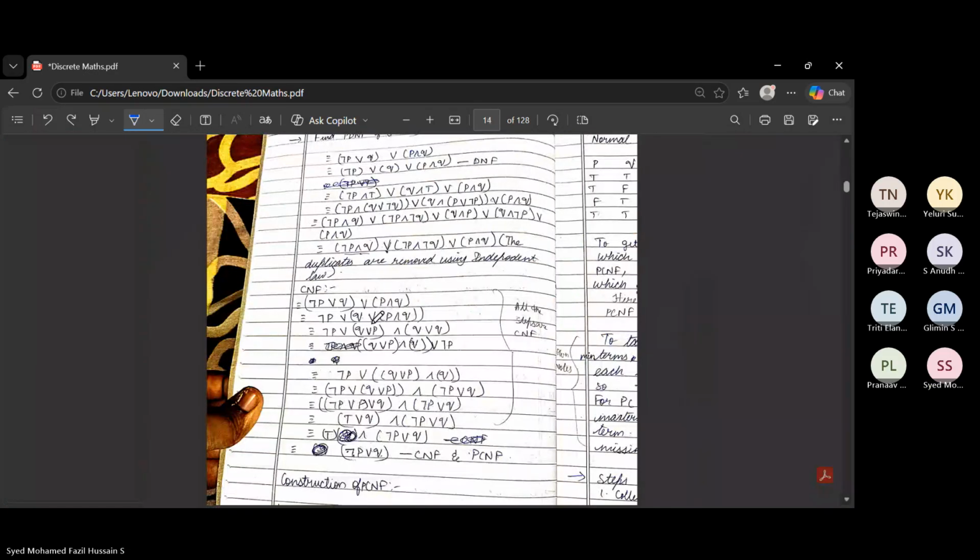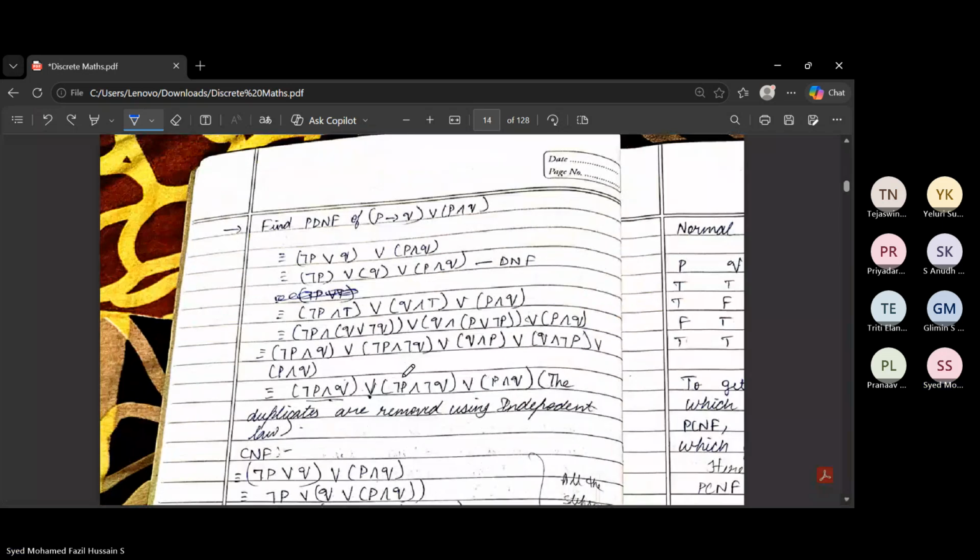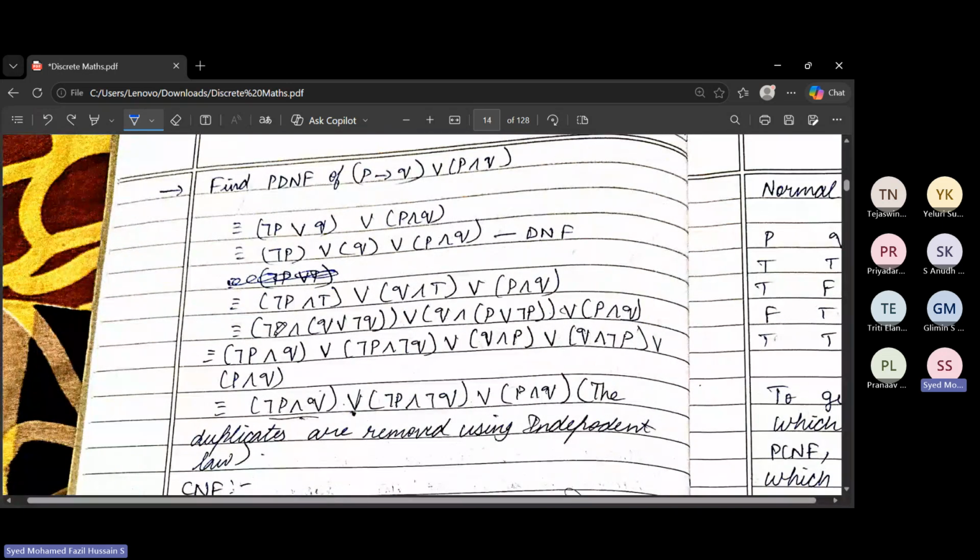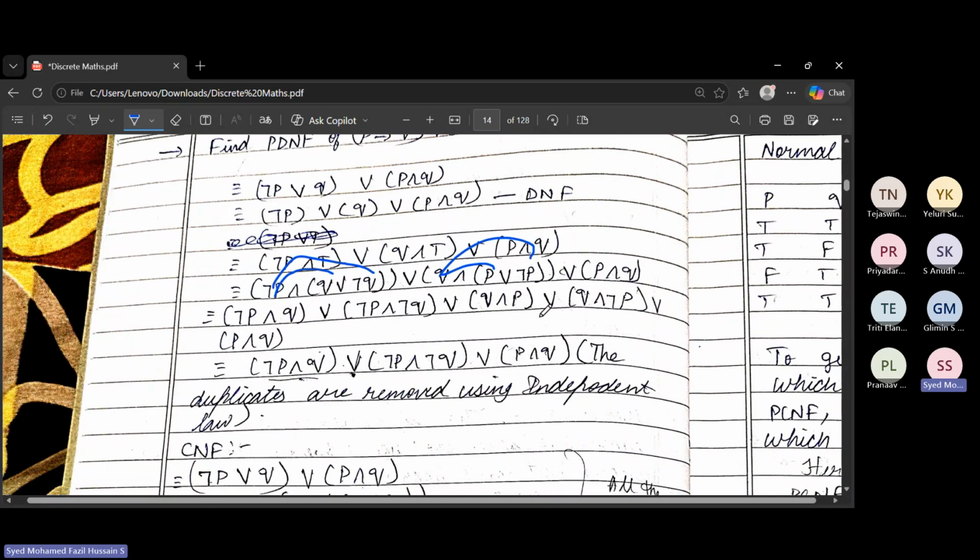Yes, we are just distributing it over. As you can see, this not p is distributed over here, and this q is distributed here in this statement. So we'll get four new terms and the remaining one.